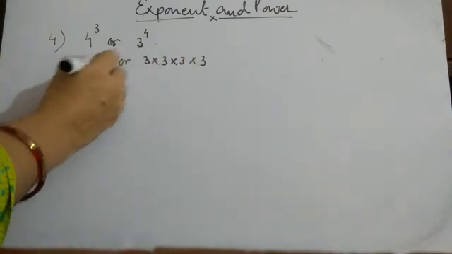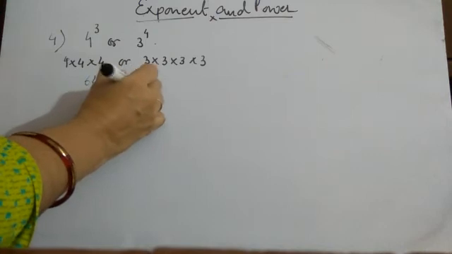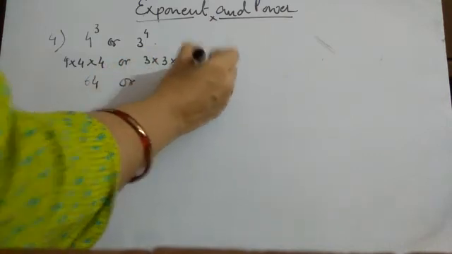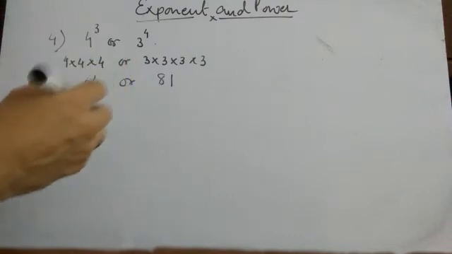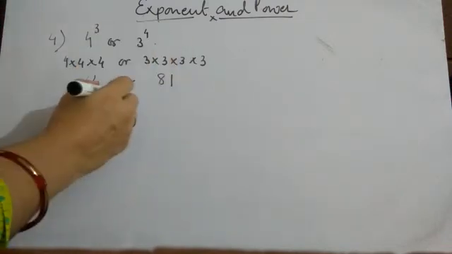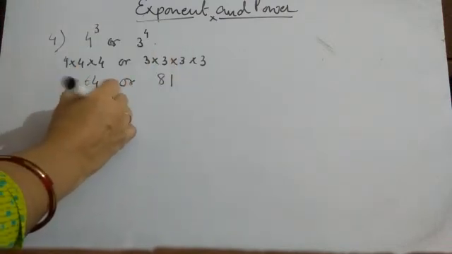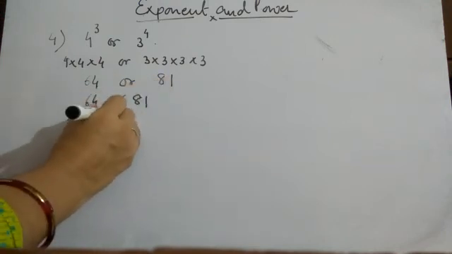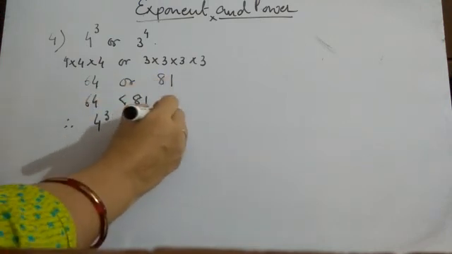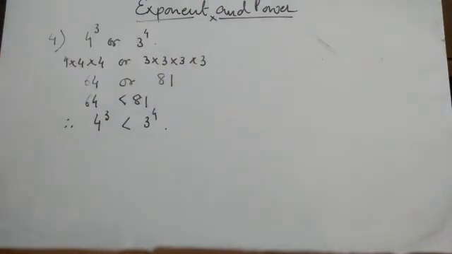Now 4 4s are 16, 16 4s are 64, 3 3s are 9, 9 3s are 27, 27 3s are 81. So is 64 greater or 81 greater? 64 is less than 81, therefore 4 raised to the power 3 is less than 3 raised to the power 4. This is how you will do this sum.